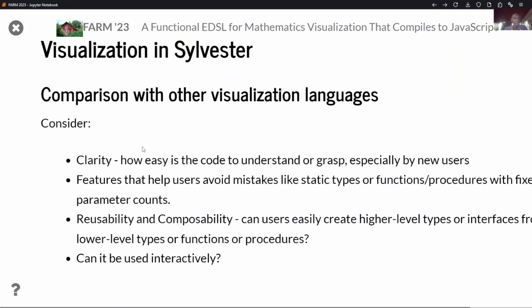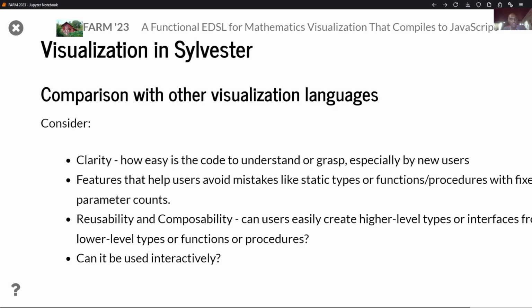Okay, and if we're comparing Sylvester to other visualization languages, of course there are a lot of different visualization languages. Some of the things you consider are: how easy is the code to understand? How easy is it to grasp, especially by new users? Things like static types help users avoid mistakes, but the key thing is reusability and composability.